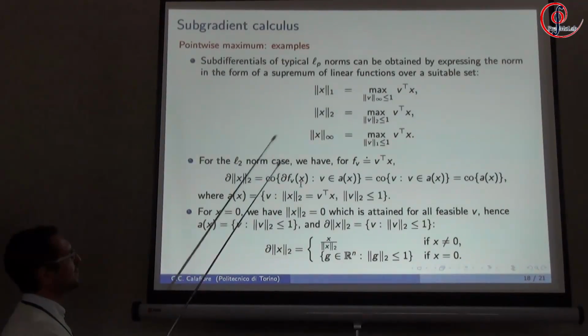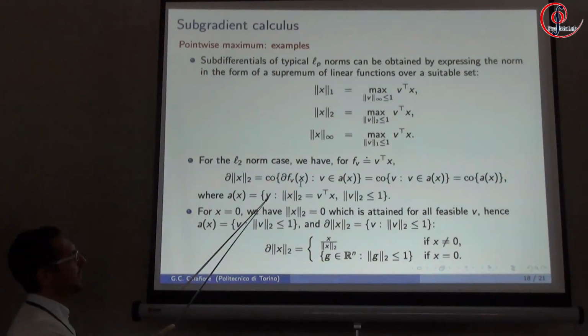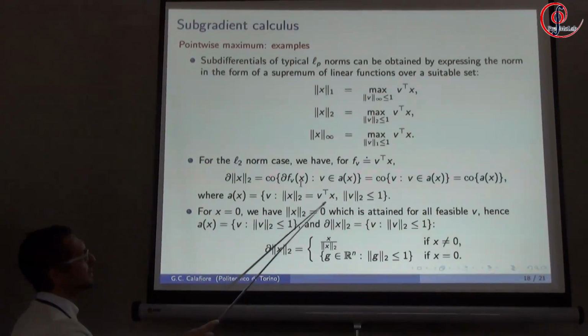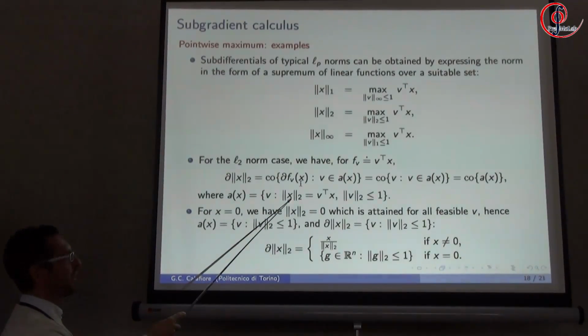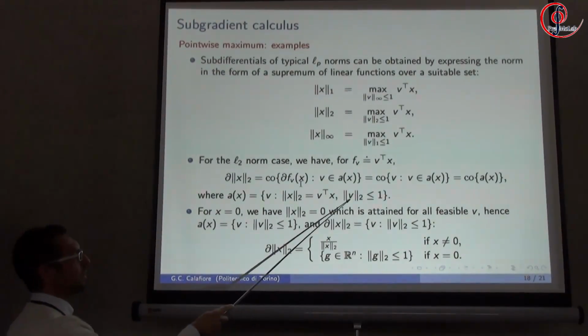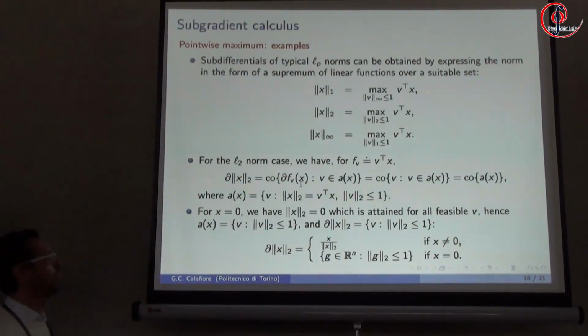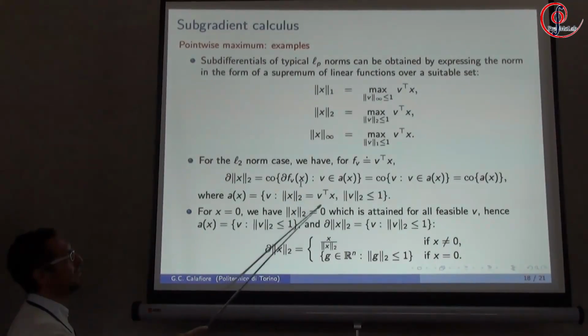And so this is the set of vectors v where this linear form attains the 2 norm of the vector, where the norm of v is less than or equal to 1. For instance, if we take x equal to 0, then the 2 norm of 0 is also 0, and so when is this 0 attained by a linear function like this?